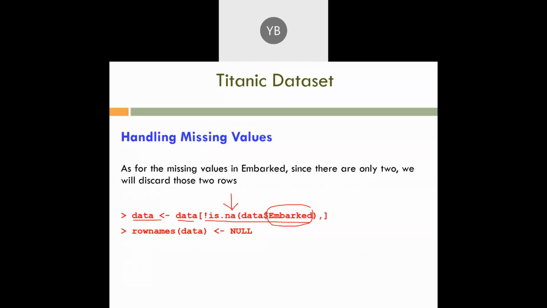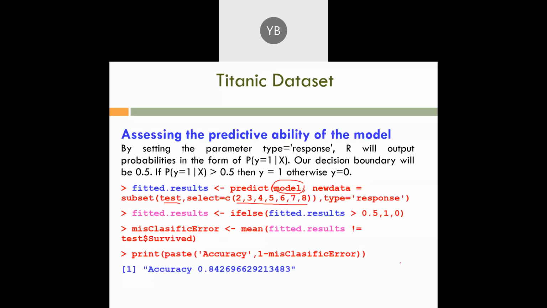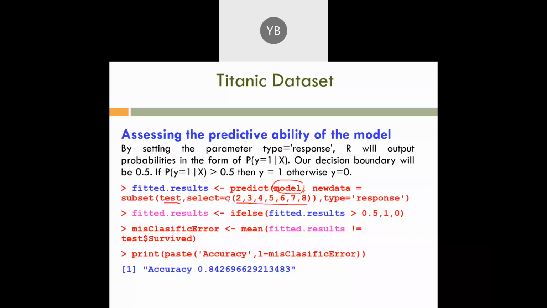So when we call the prediction, we are looking at 2, 3, 4, 5, 6, 7, and 8 only. Column 1 is the dependent variable, so we will omit that one. So this variable will store the result. The result will be in terms of row and then 0 or 1.